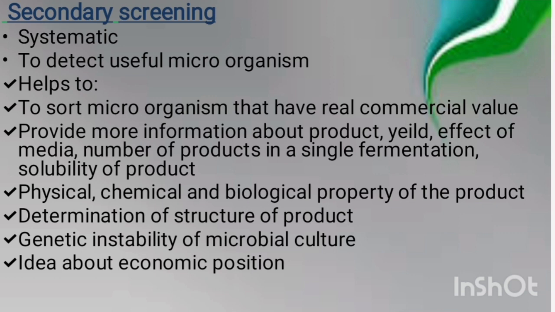Secondary screening gives answers to many questions, but primary screening does not provide much information. Clear? So the secondary screening method is more relevant, more informative, and has more applicability.